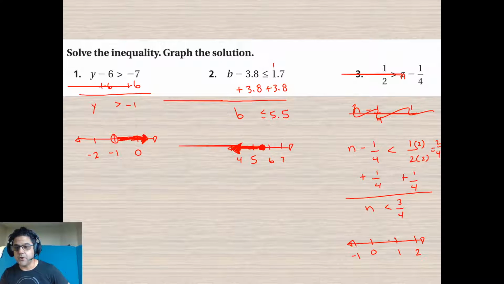So I'm going to put an open dot closer to the 1. Now, it doesn't have to be super accurate, but it shouldn't look like it's in the middle. All right, and to the left. Excellent. Remember, if you need it, you can back up the video and watch it again.